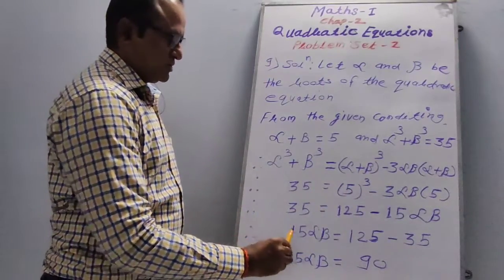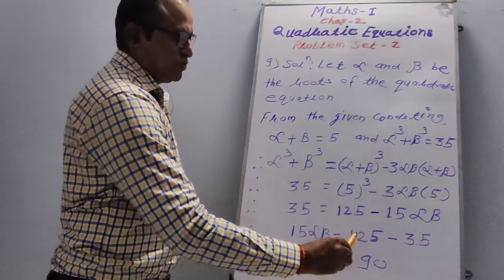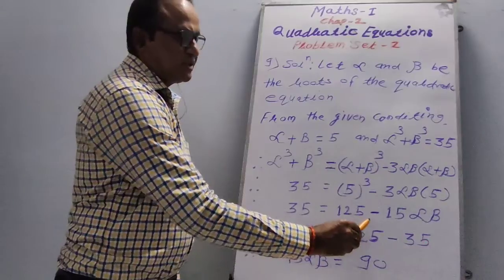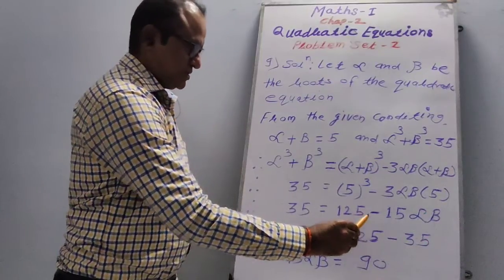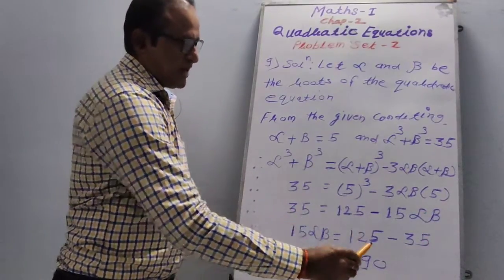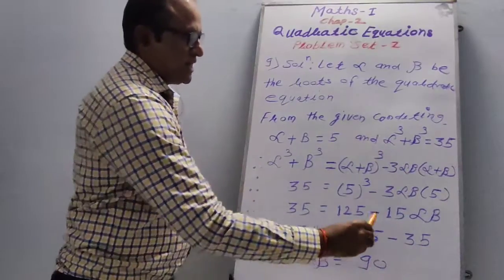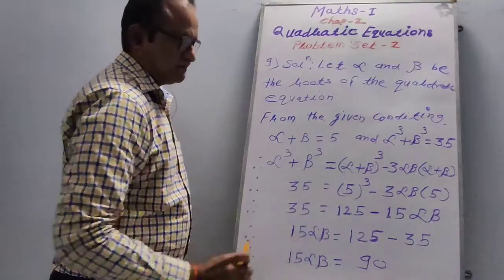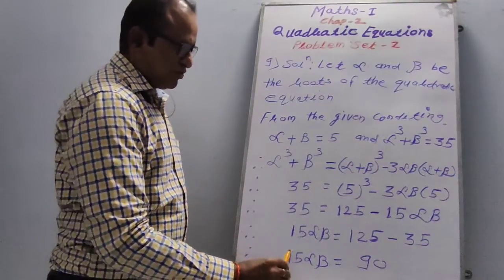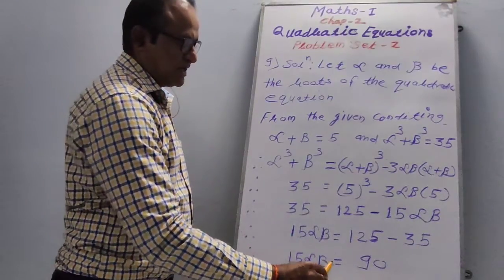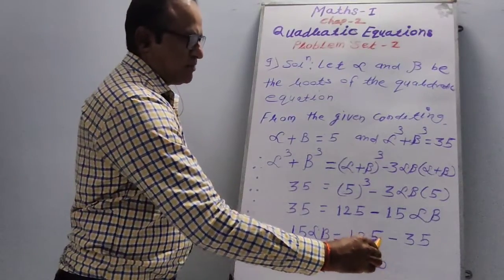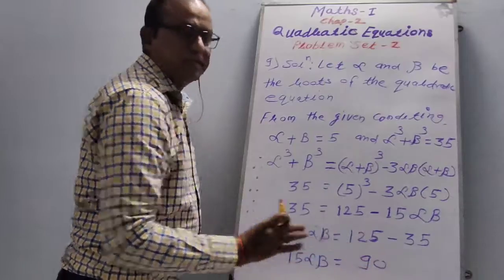Therefore, 15 alpha beta is equal to 125 minus 35. After transferring the terms, signs change. 35 becomes minus 35 and minus 15 alpha beta becomes plus 15 alpha beta. Therefore, 15 alpha beta is equal to 90, means 125 minus 35 is equal to 90.